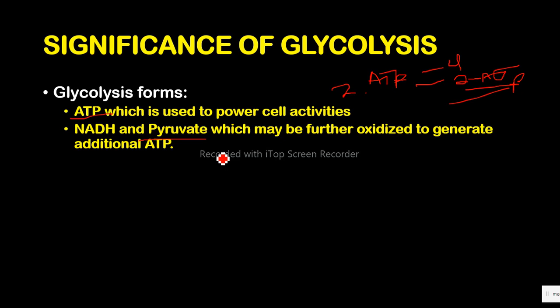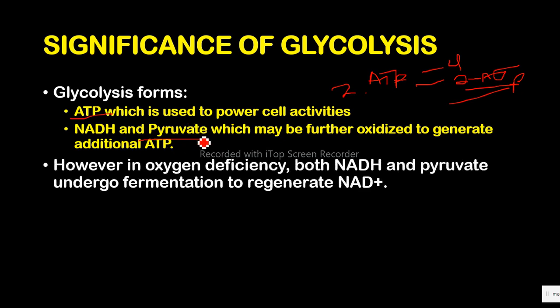And these intermediate products are important. If glycolysis is not there, then there is no way the other processes will occur.